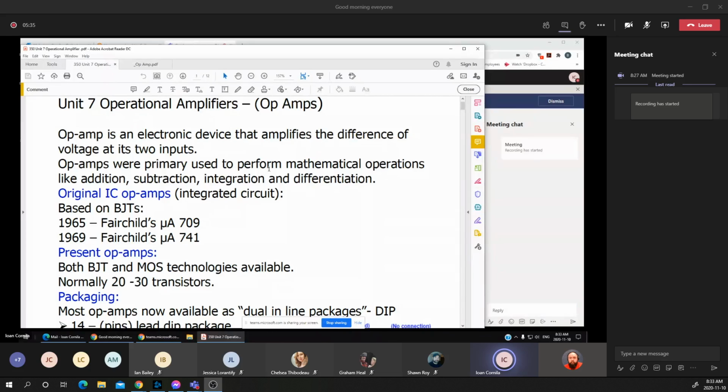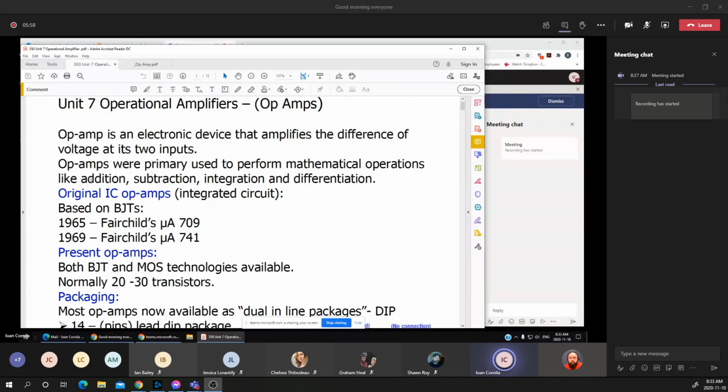Initially, those operations were done with electron tubes. That's why it wasn't practical, and they wanted to make a small-size circuit that would perform different mathematical operations like addition, subtraction, integration, and differentiation.